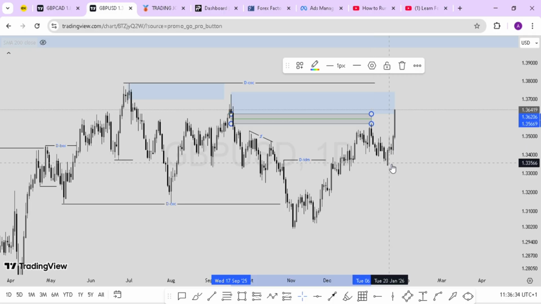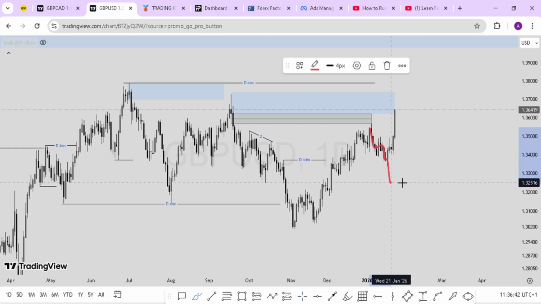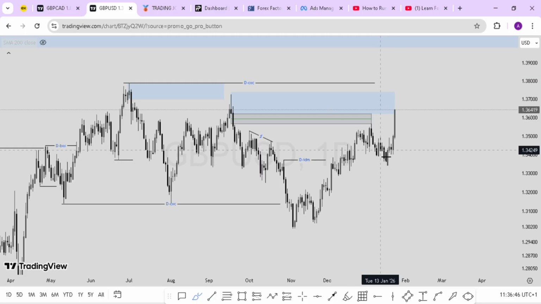Instead of looking for sells, thinking this structure wants to continue selling, I decided to wait patiently for the market to give me the kind of confirmation that I need to trade to this zone.